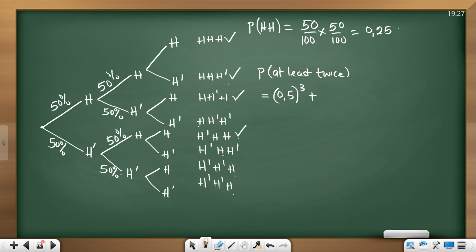That making sense? Because it's zero. Then the next one. Basically, they're all 0,5s. All right, but plus 0,5 to the power of 3.